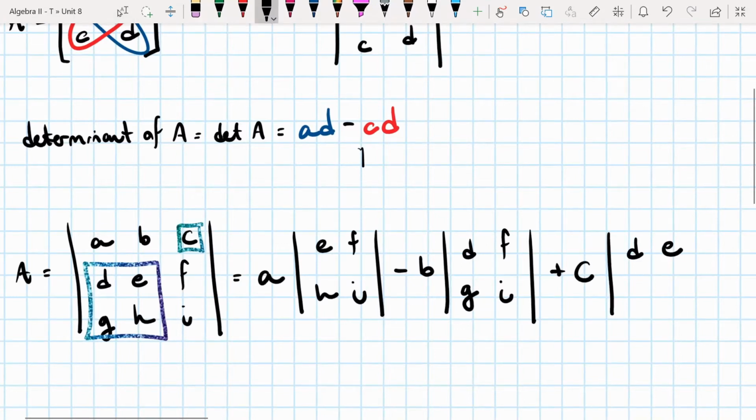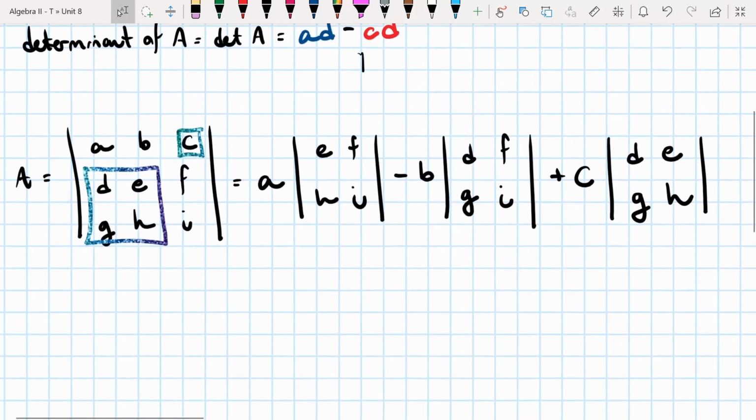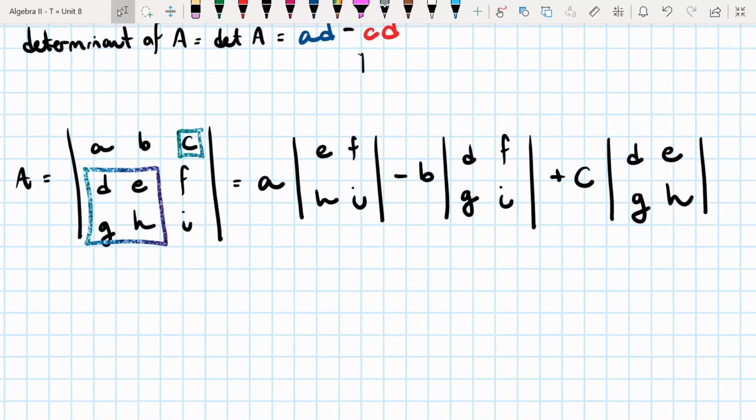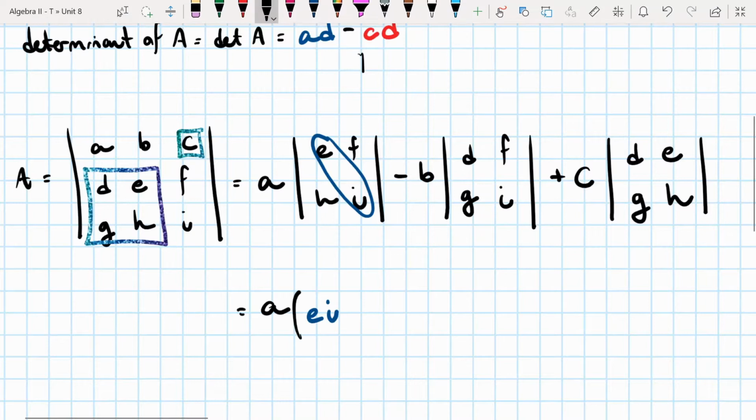D, E, G, H. Then to find the determinant, we have to find the determinant of each of these individually. So A times, similar to what we did before with a 2x2, E times I minus H times F.